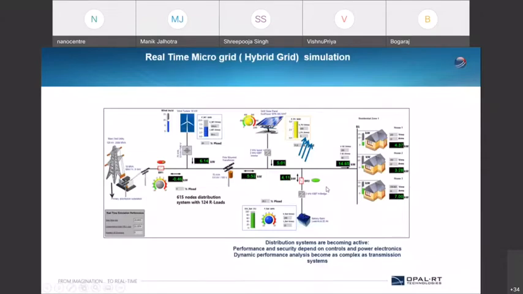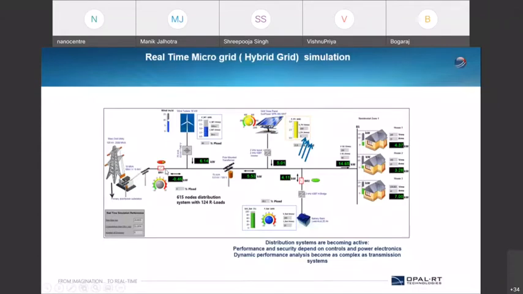On the load side, we had residential loads and some critical loads as well. Another feature of this model was that we could make it work in islanded mode or in grid-connected mode and do this study also.